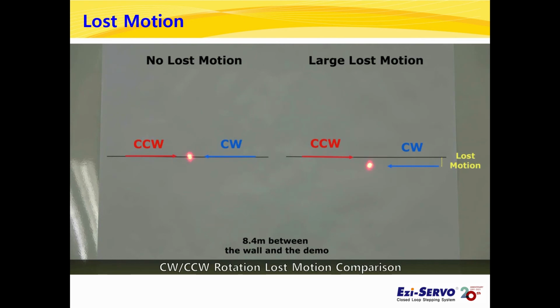If there is no lost motion, the motor returns to the target position without position error regardless of the direction. But if there is the lost motion, the motor stops at different position depending on the rotation direction, resulting in a position error. In other words, lost motion refers to the position error that occurs when the direction changes.